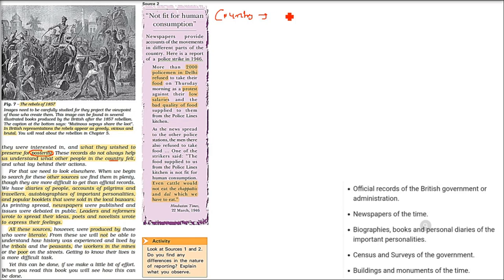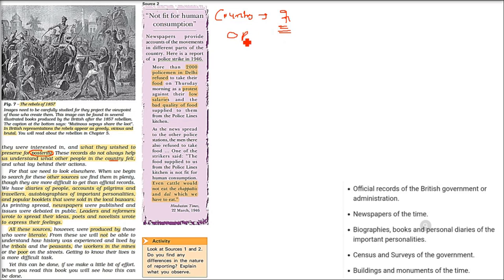These official records won't tell us about the country people, the village people, the peasants, tribals and the poor who worked in mines. So the normal people, we don't know about them.